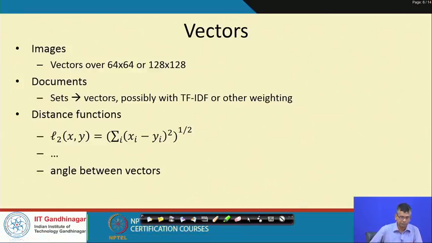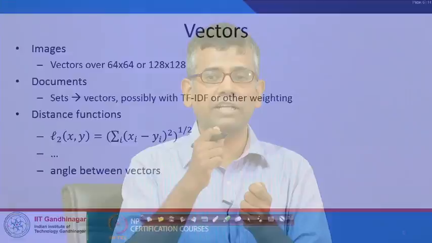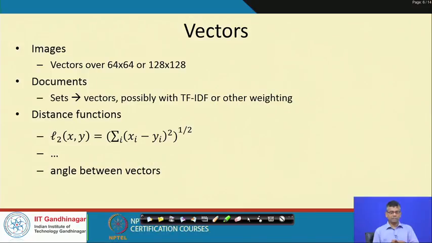Suppose we have vectors. Think about images. Images are often represented as vectors. If it is a 64 by 64 image, you can represent one coordinate of the vector for each of these positions. So, the size of the vector is 64 cross 64, and then maybe you have the grayscale value of the image at that particular pixel as a value in that vector. Documents are also often represented as vectors.